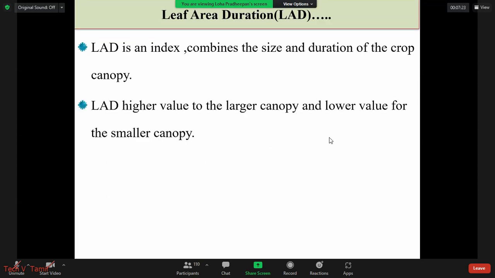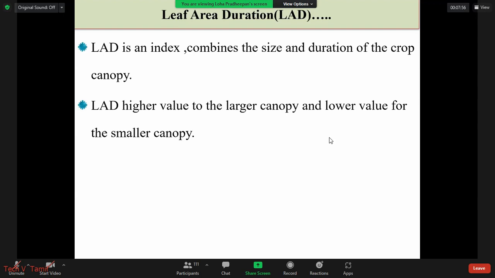Leaf area duration is one of the indices that can combine the size and duration of the crop, because here we are talking about the leaf area index with time. The leaf area index depends on the leaf area and the land area. So here it combines the size and duration of the crop canopy, because from sowing to harvesting we are calculating.